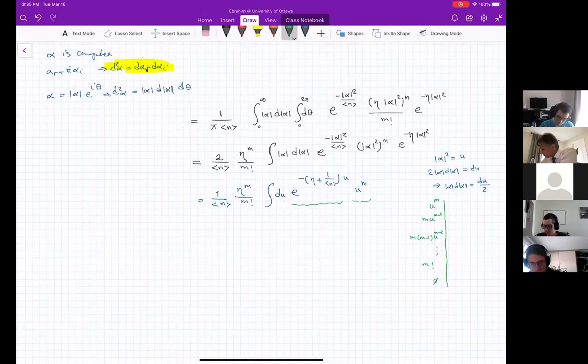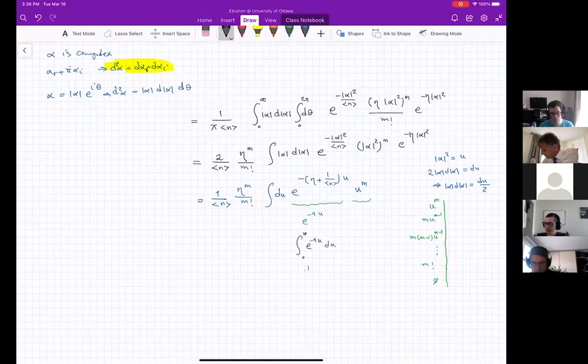Then the other factor looks like e power of minus gamma u. What is the integral of e power of minus gamma u? It is minus 1 divided by gamma. Let's do the integral of e power of minus gamma u du from 0 to infinity.